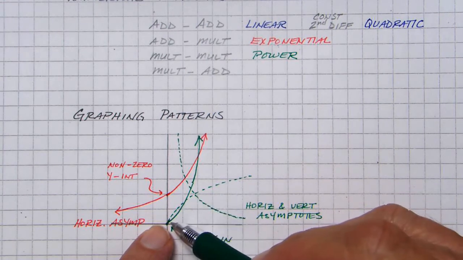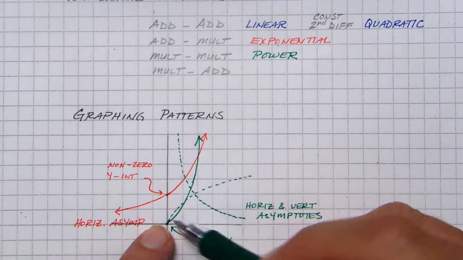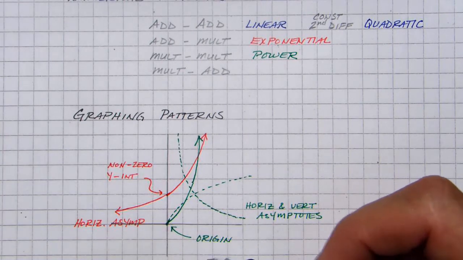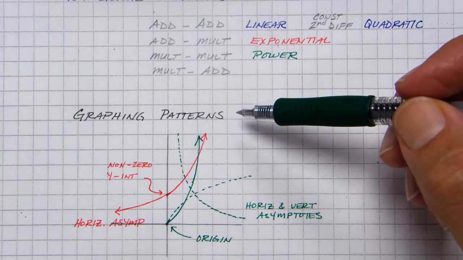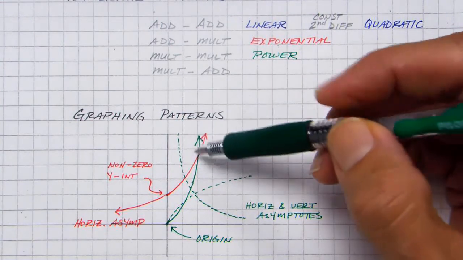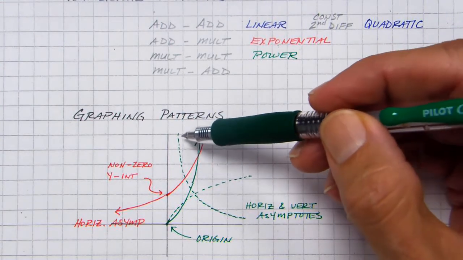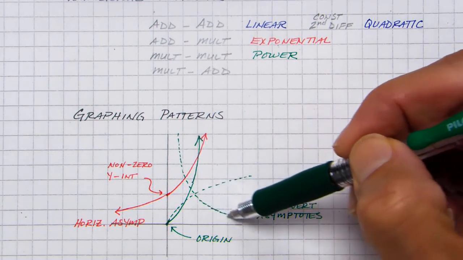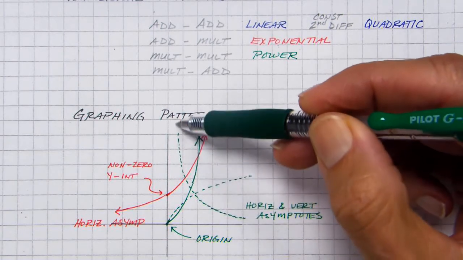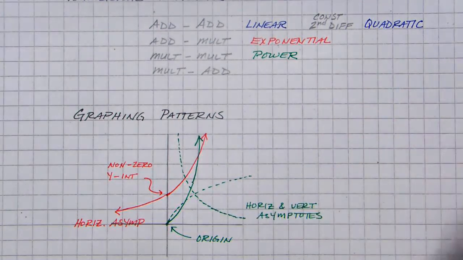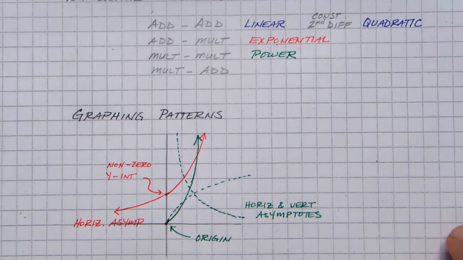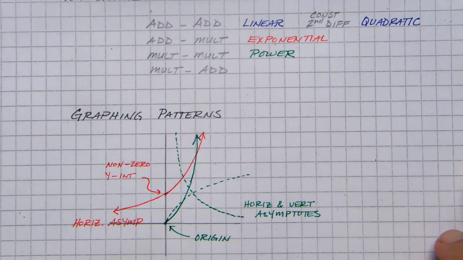But again, things start at the origin. Now, every once in a while, especially when you have negative exponents, negative powers, you'll get this kind of a look where you really don't hit the origin, but you have a vertical asymptote and then a horizontal asymptote. And so power functions have a couple different looks that you need to be aware of.